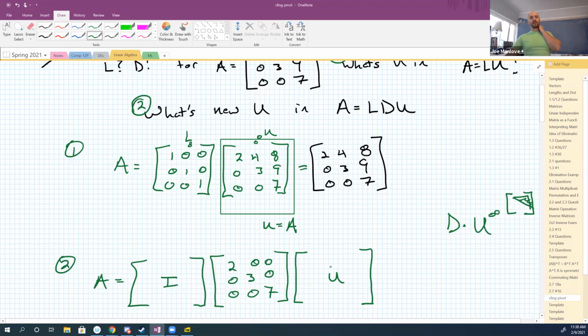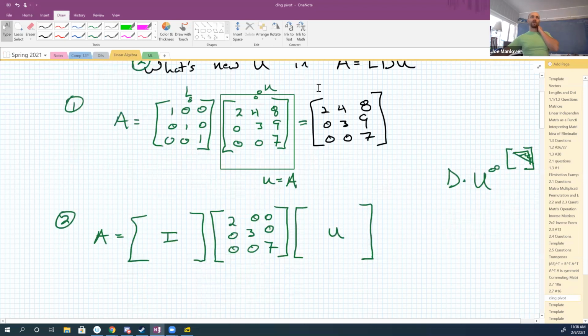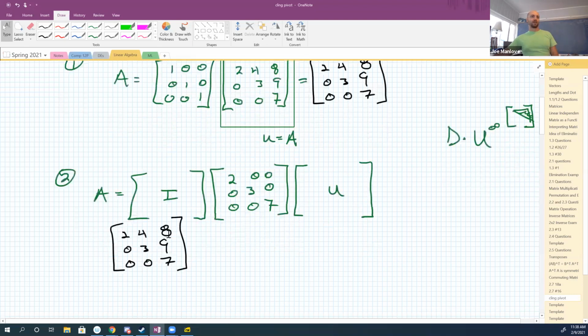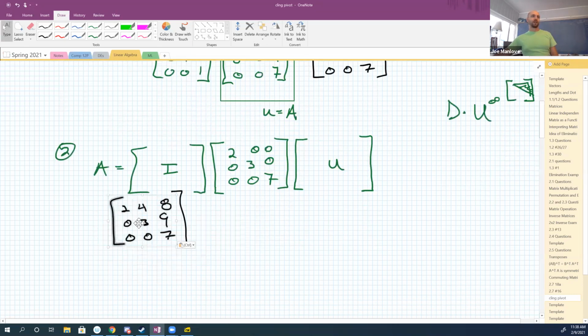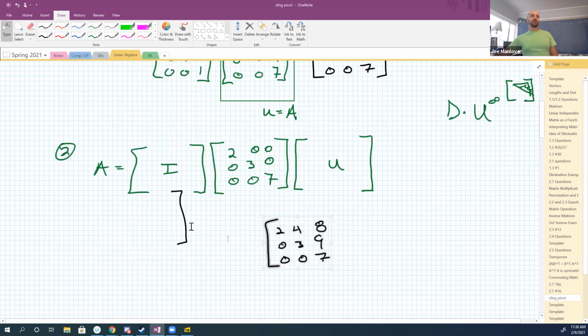If you want to go find this matrix, what I want to see is over here, so I should have my diagonal matrix.